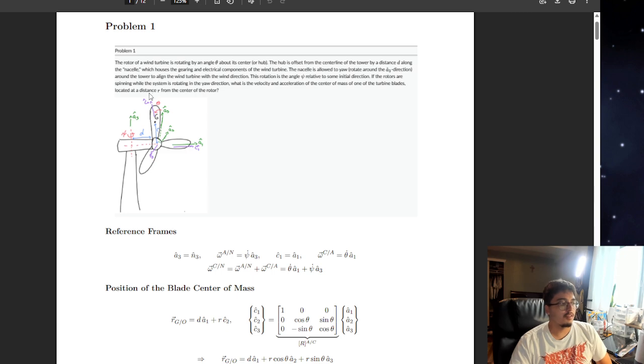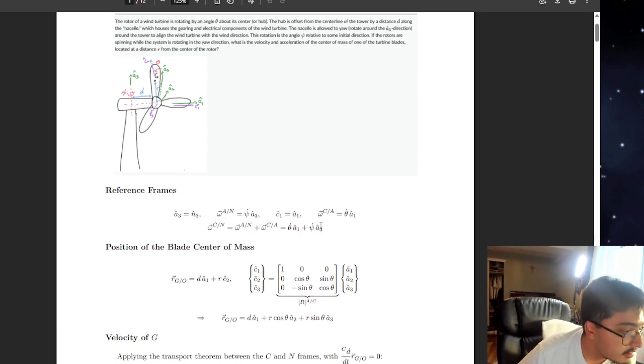Also, we know that the angular velocity from C to A is going to be theta dot in the A1 direction, because the whole system is rotating about this A1, C1 axis at some theta dot. And then the angular velocity from C all the way to N is just going to be the sum of those two: C to A, then A down to N. It's just that sum.